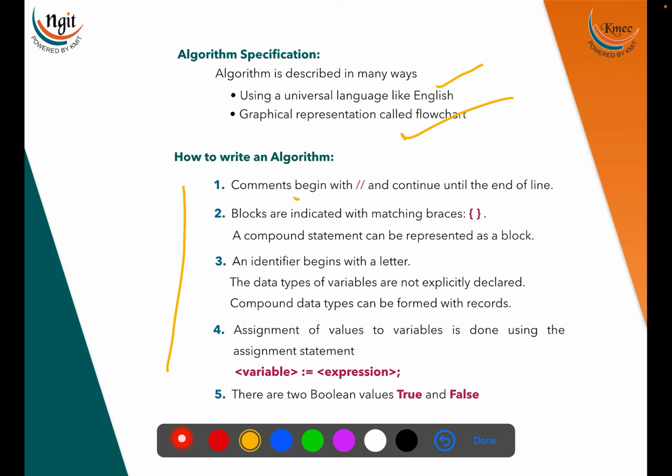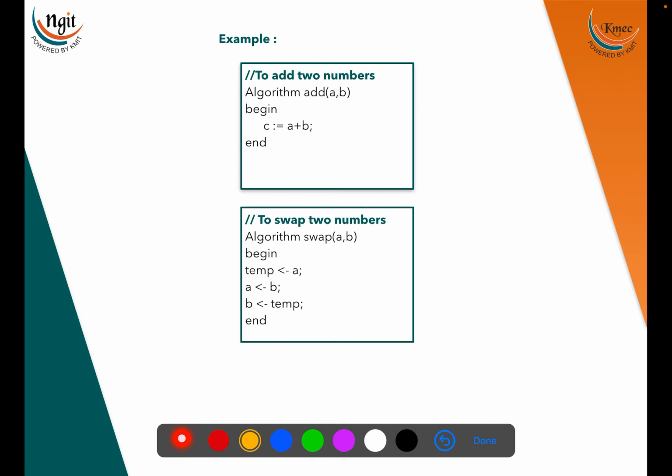In general, comments in an algorithm begin with a double slash. Blocks are indicated with braces, and data types of variables are not explicitly declared. Assignment statements use colon and equal to. You can see some examples here. What does this colon equal to mean? It is an assignment operator.